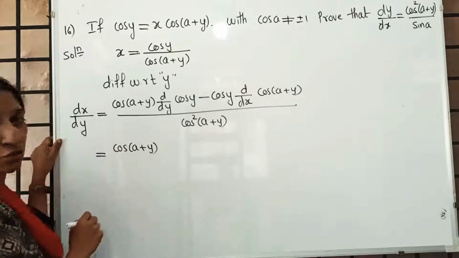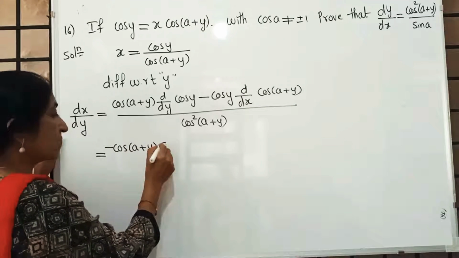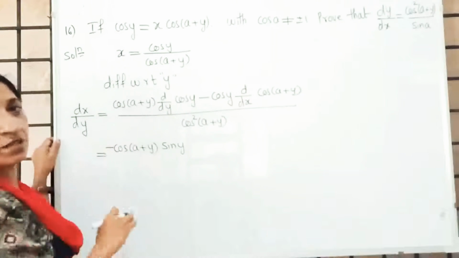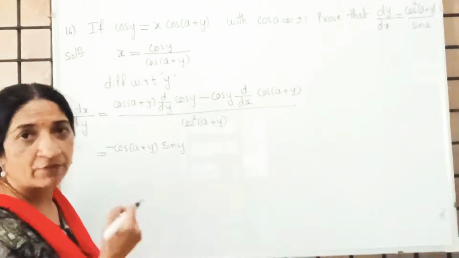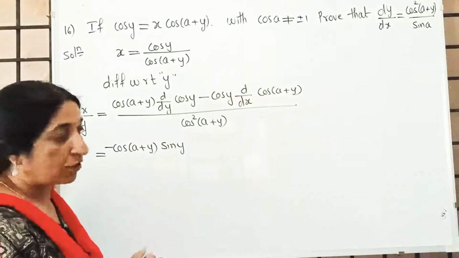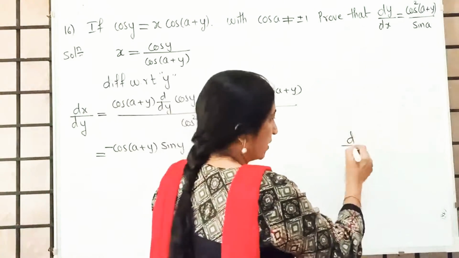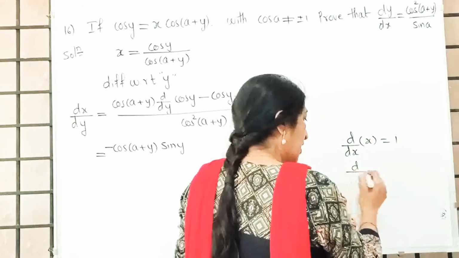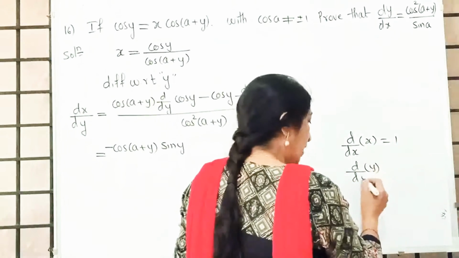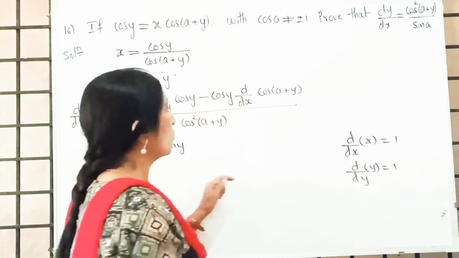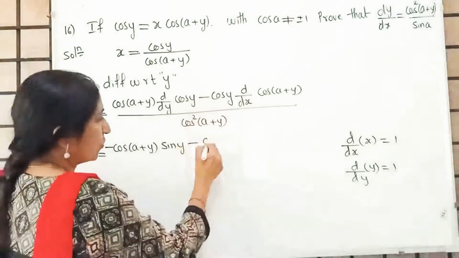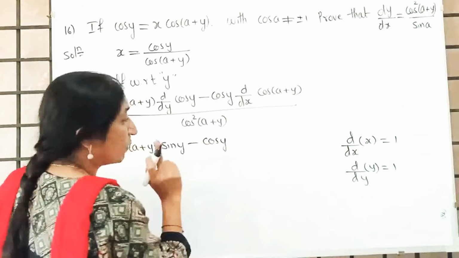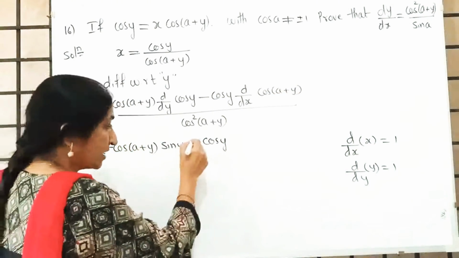What is the differentiation of cos y? Minus sin y. And the angle is y. You are differentiating with respect to y. What is the differentiation of y with respect to y? Is it 1 or what? Why? Because you know that differentiation of x with respect to x is 1, like that differentiation of y with respect to y is also 1. Now minus cos y as it is. What is the differentiation of cos of (a plus y)? It is minus sin, it changes to plus.